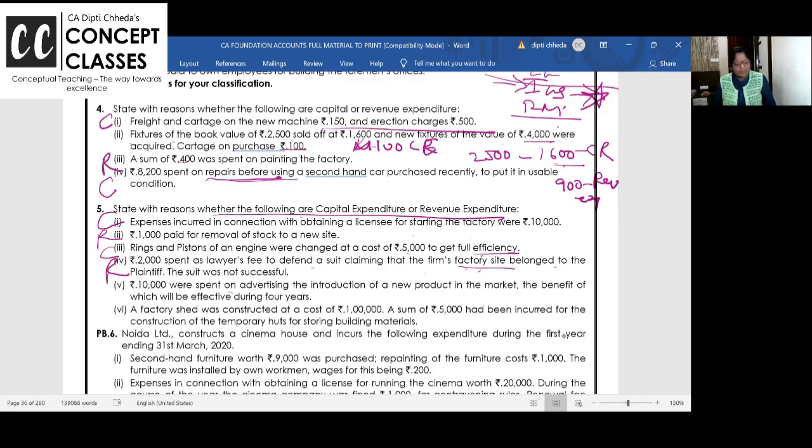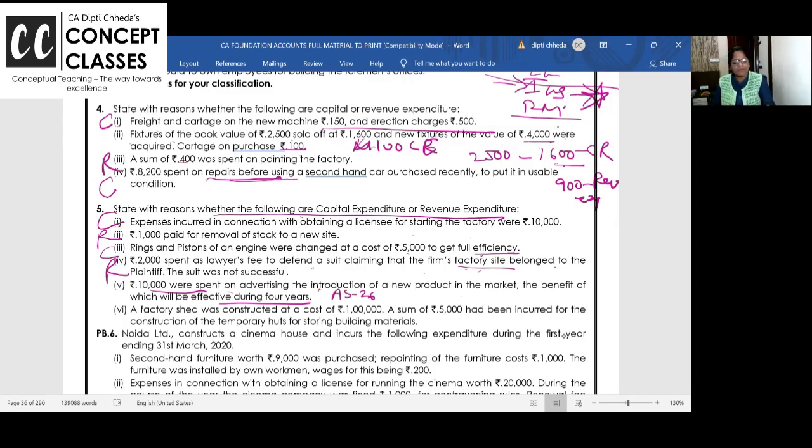10,000 was spent on advertising and the introduction of a new product, the benefit of which will be for 4 years. Now, if you check it, with 10,000 advertisement benefit for 4 years, you can defer it over 4 years. But the new AS 26 on intangible assets says that you write it off, even if it's a huge expense, you write off and don't defer it.